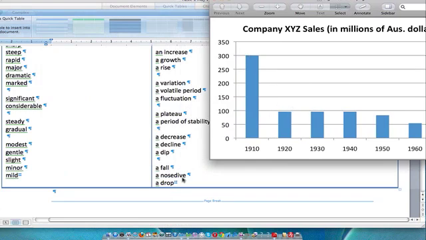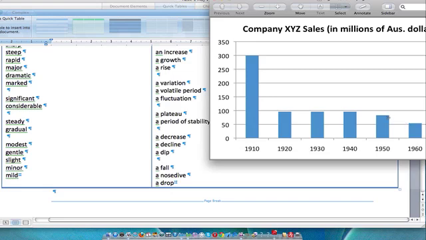Now, nosedive and drop, actually more particularly nosedive, I probably should have put nosedive at the bottom of my list here, but nosedive would be something like this. It's a very, very large fall. Between 1950 and 1960, this is not a nosedive, but we could describe it as, say, a modest drop.